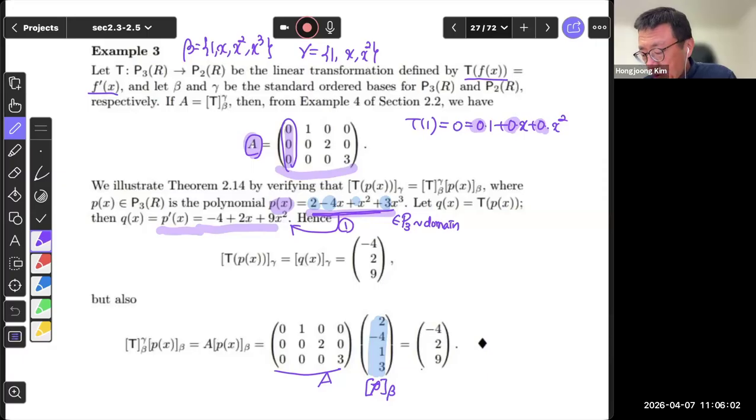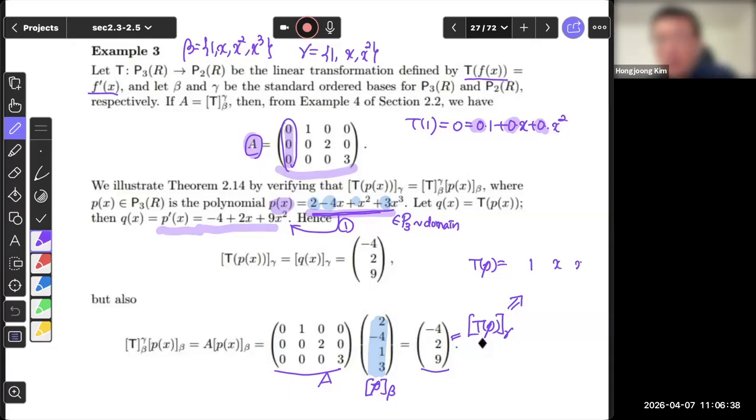you get this. Then what do these three numbers imply? That will be the image T of P using gamma as a basis. So in order to construct T of P, T of P can be obtained as a linear combination of the basis gamma, which is 1, x, x squared.